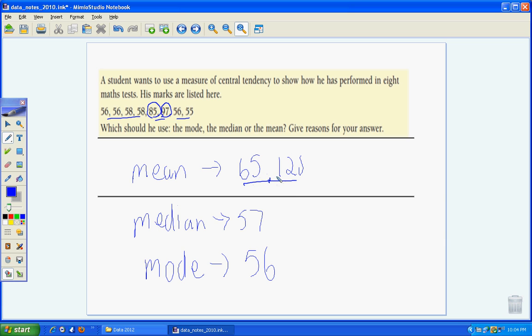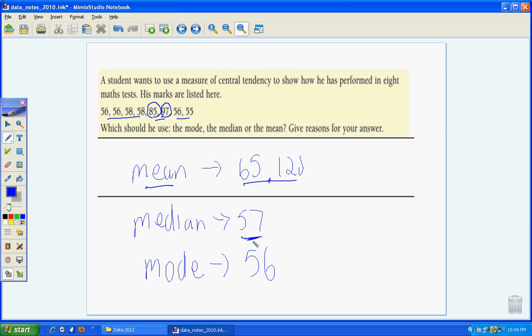Now, it depends on what you're looking at. If a student wants to make himself look good, go for the mean, because it's a 65 mean, or the average score is 65, but it's not a true reflection. Really, he should be looking at either the median or the mode. I'd probably say the median is more reflective in this situation, only because it's not going to change with any other higher scores dragging the mean up, or lower scores dragging the mean down.